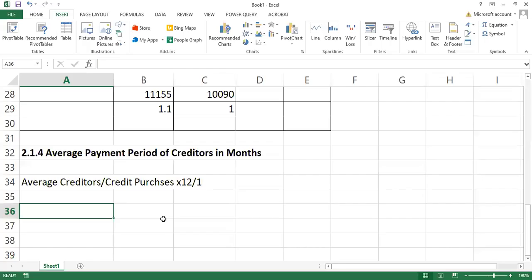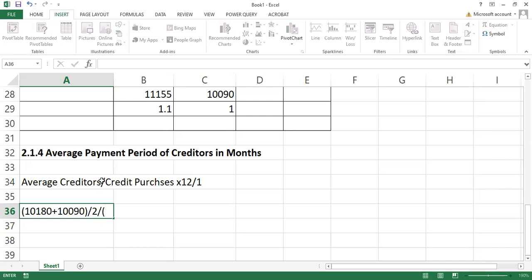And I will say open brackets 10,180 plus 10,090 close brackets divided by 2. So I hope you remember that this divided by 2 is for average. Then I'm going to say divide. Now this divide is this one. Then I'm going to open a bracket.